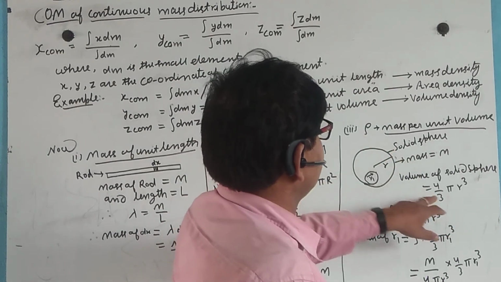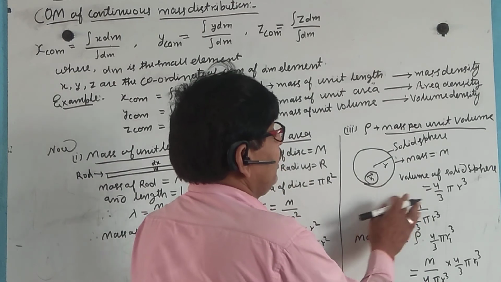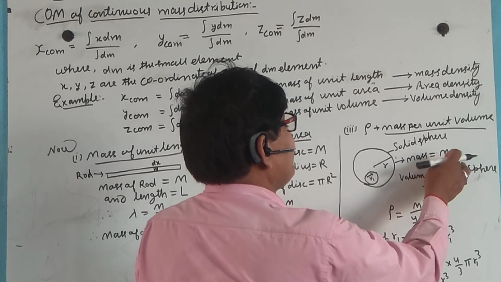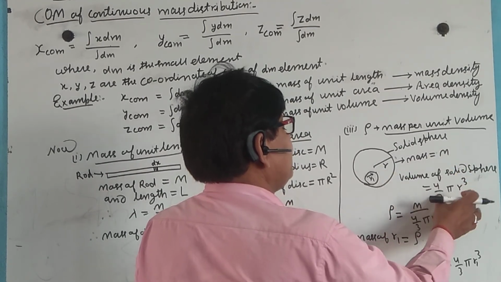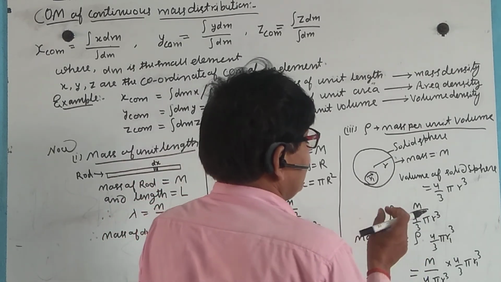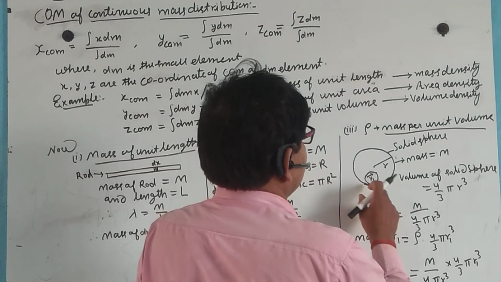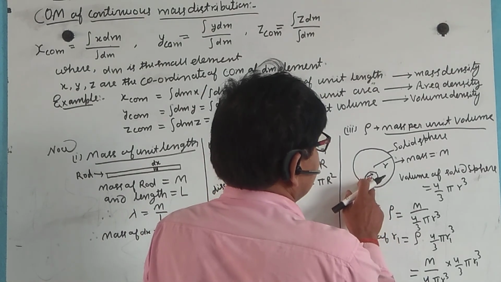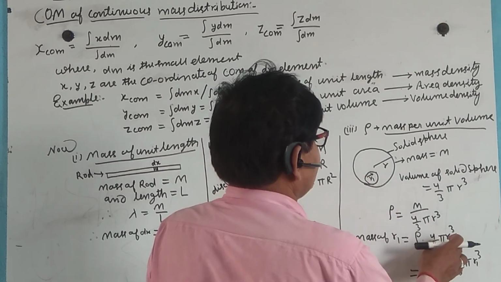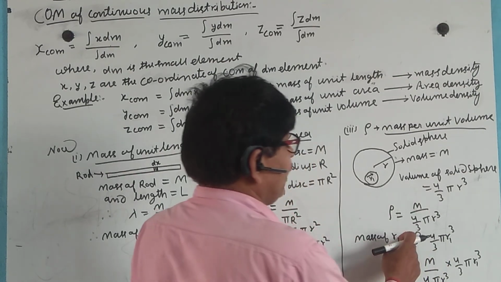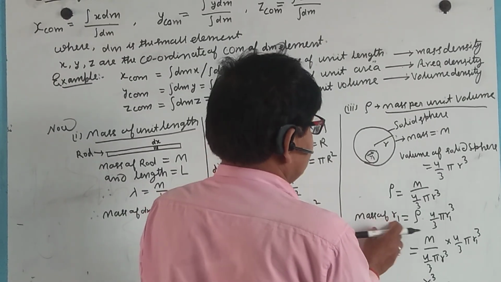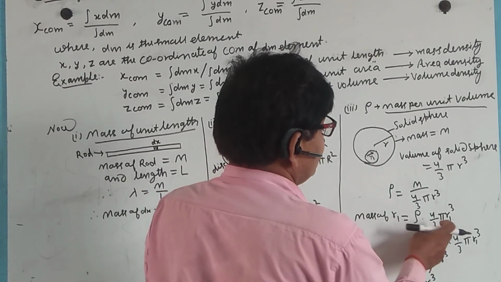Suppose the mass is m, so the mass per unit volume is m divided by this quantity. We take a small region whose radius is r, so its volume is 4 by 3 pi r cube, and multiplying by the mass per unit volume rho, the mass of this small sphere is rho into this.